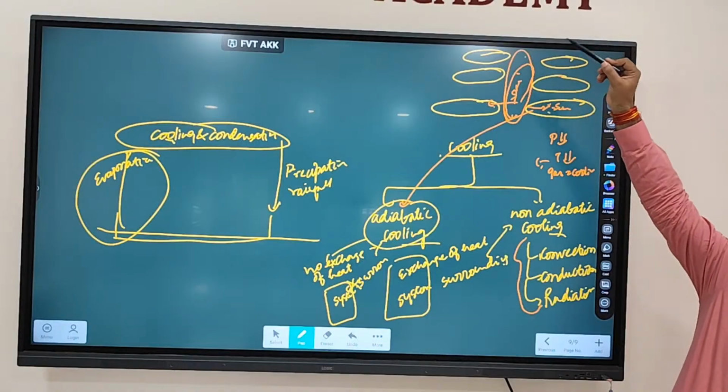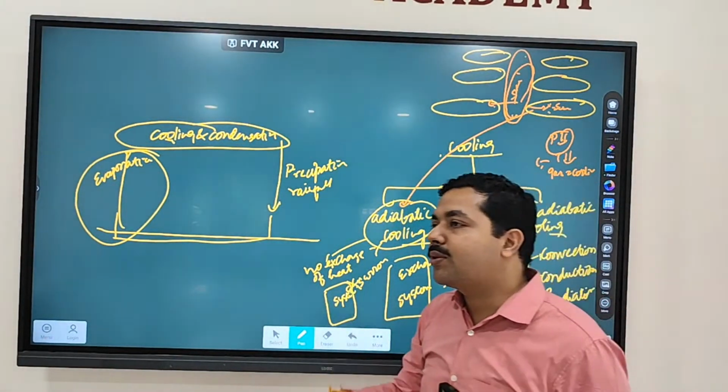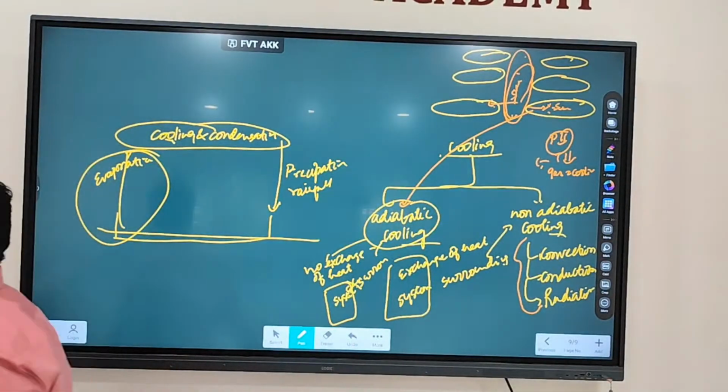As the air is going up, pressure declines. Temperature declines because pressure is declining. Why is pressure declining? We discussed air is densest at the surface.